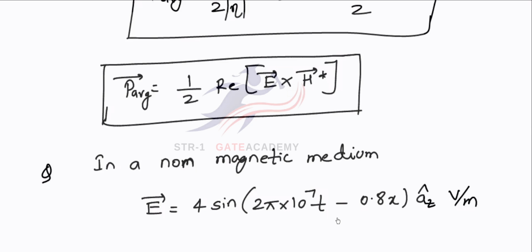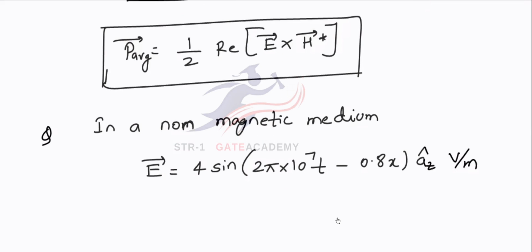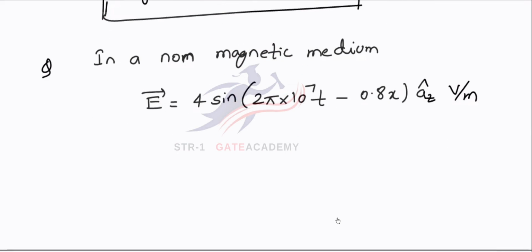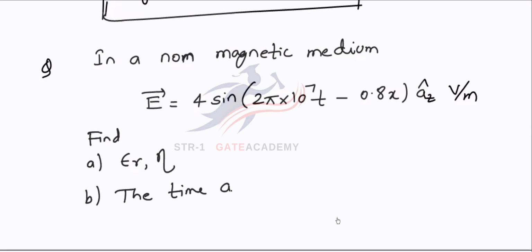What we have to do is, part A, find epsilon r and eta. The second part is the time average power carried by the wave.